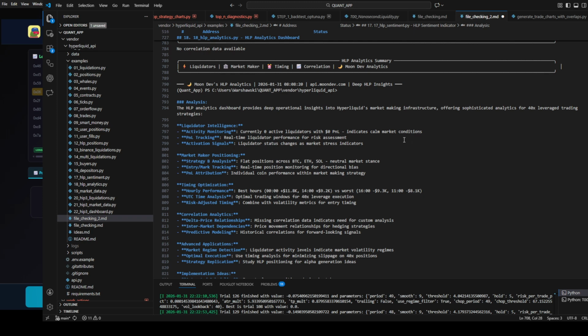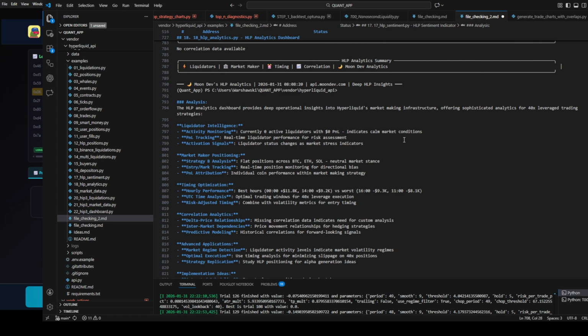Liquidator intelligence activity monitoring: currently zero liquidations, a calm moment. P&L tracking: real-time liquidator performance for risk assessment. Activation signals: liquidator status changes as market stress indicators.